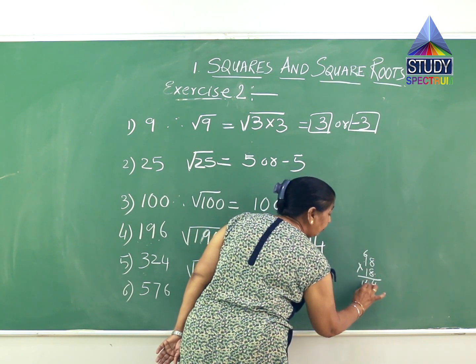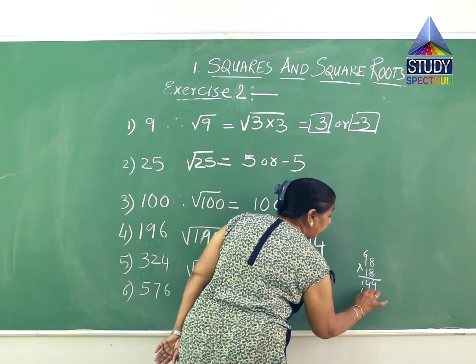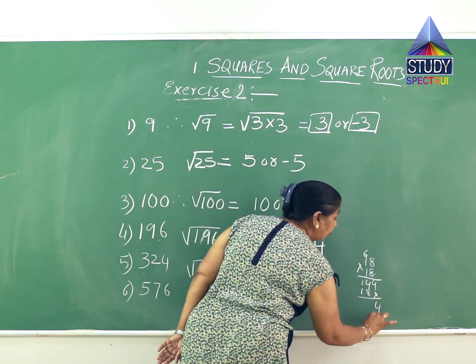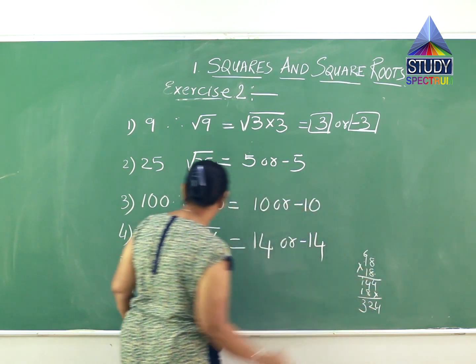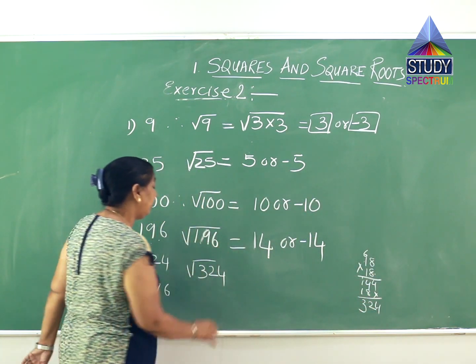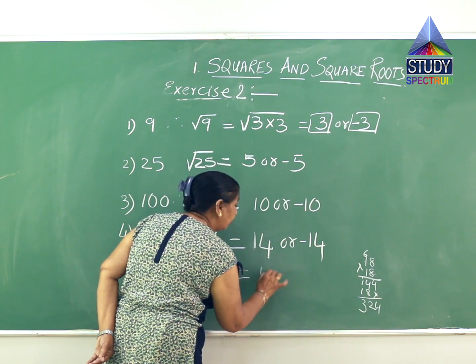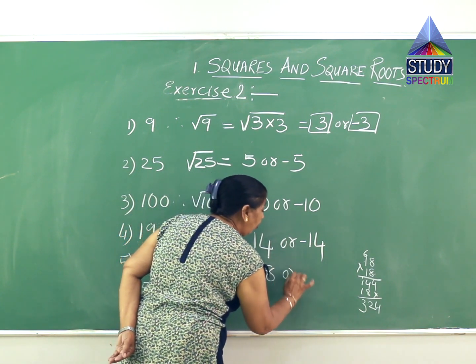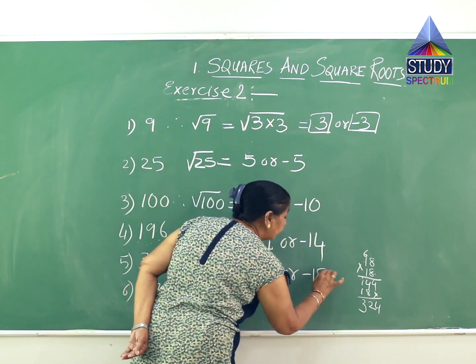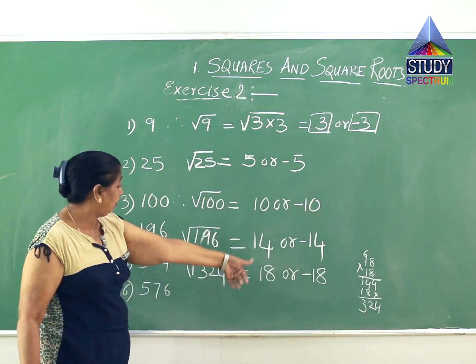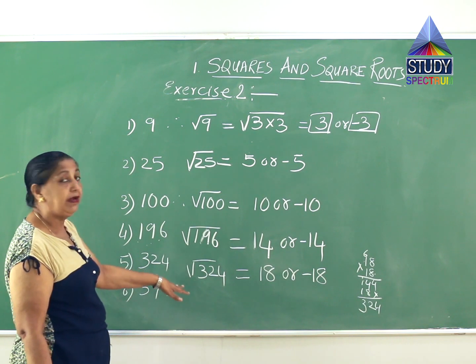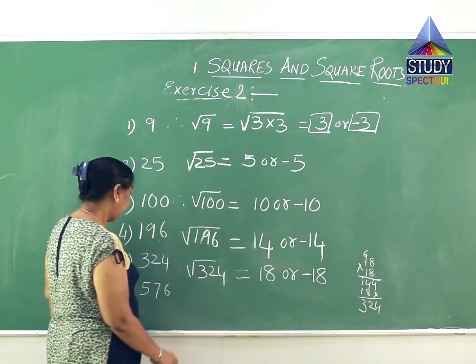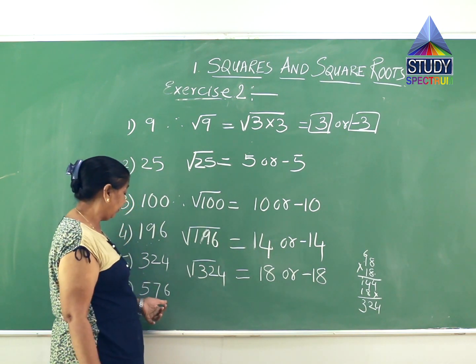Now this will give me 144 and then 18. So adding this, we come to know this is 324. So 18 is the exact root of this. Both positive and negative are correct. So 18 or minus 18, both are the root of 324.